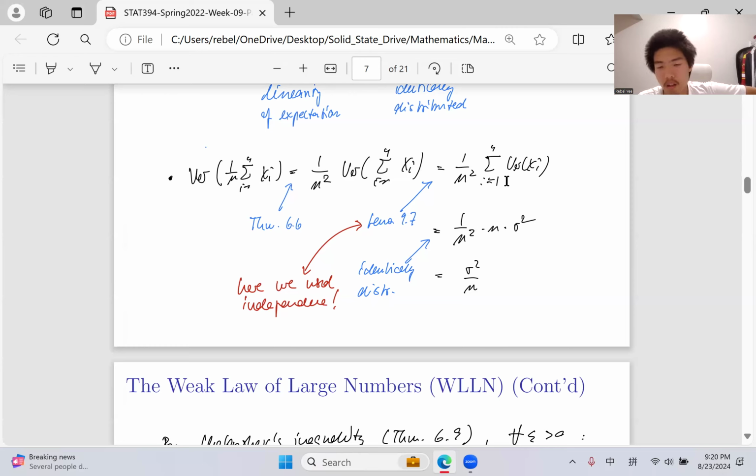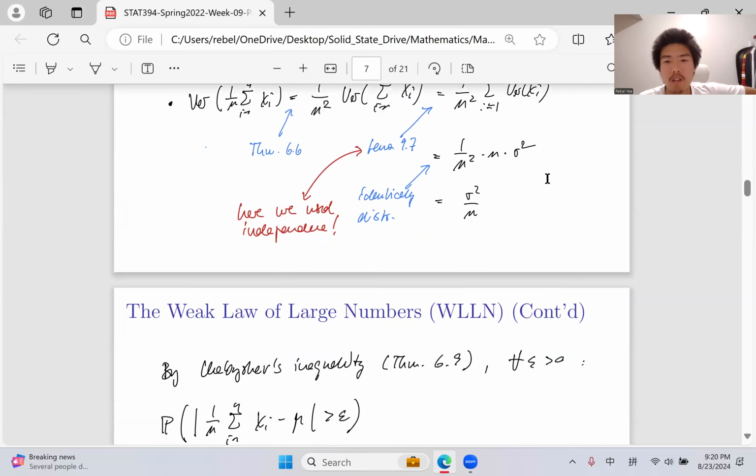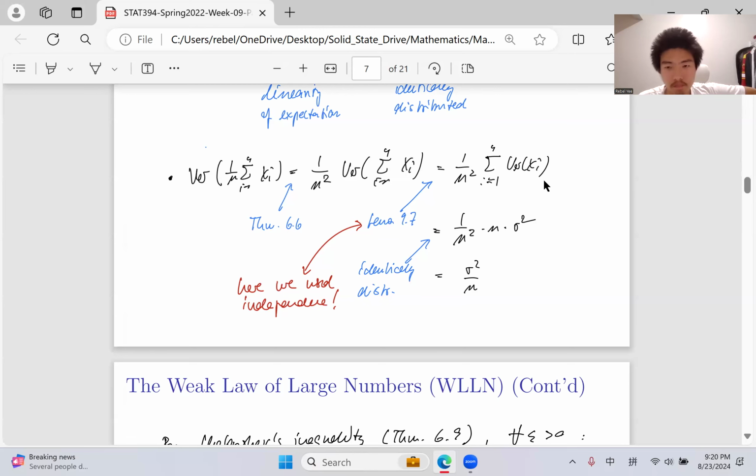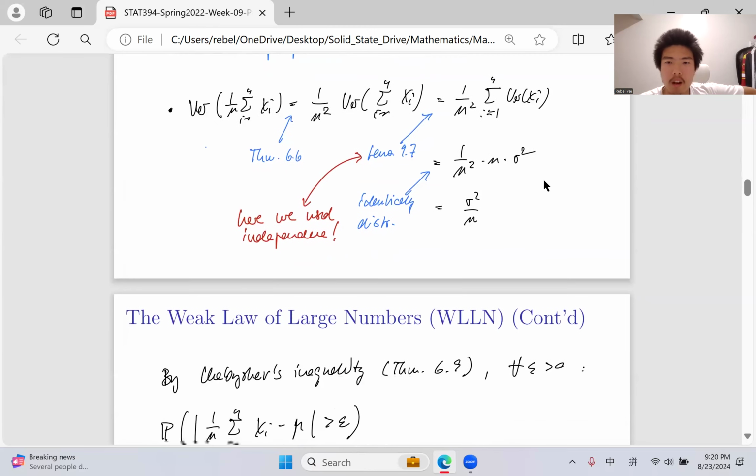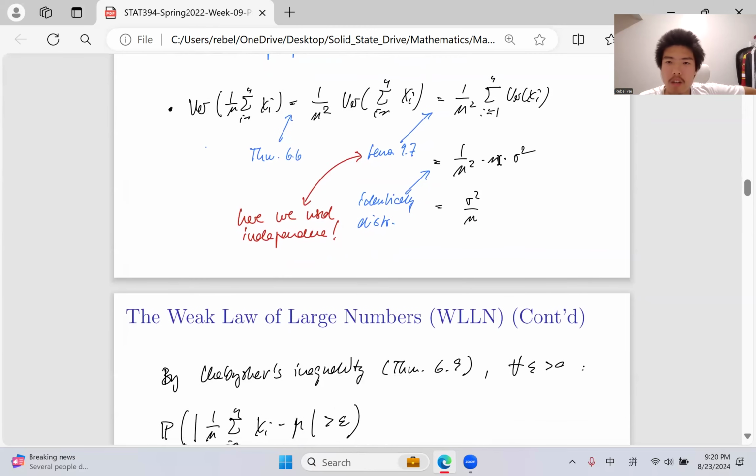This is because, again, they're identical, so their variance must be the same as well. So the summation is just n, and 1 over n squared times n becomes 1 over n. And we just write this term out.